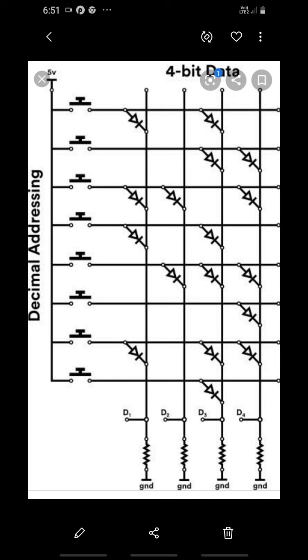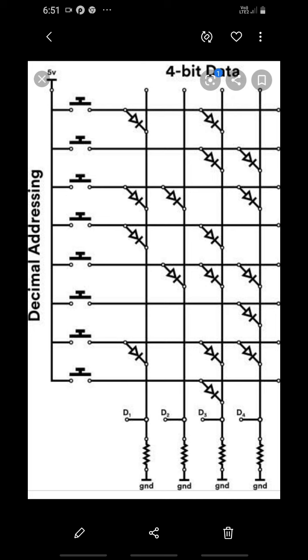And the fourth address contains the memory location 0111, and the fifth address contains 0001, and the sixth address contains 1011, and the last seventh address contains 0010.